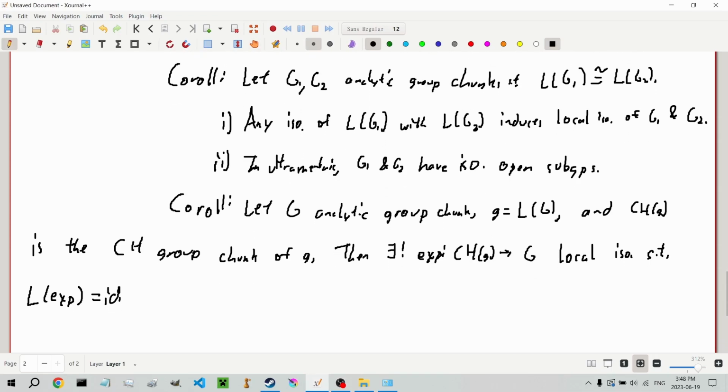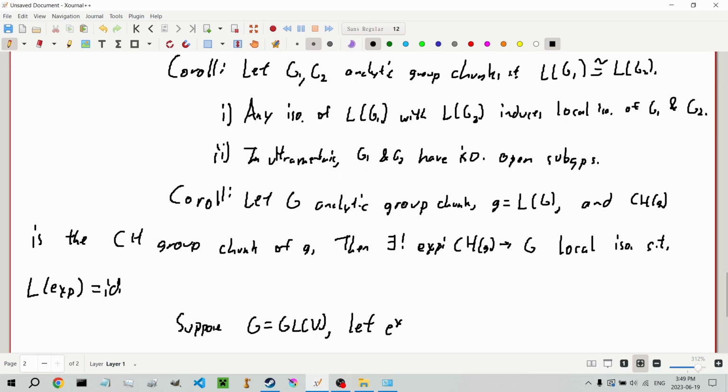Now let's make some remarks here. Suppose G is the general linear group of some vector space V over K, of course. And we're going to let e^x be our traditional sum of x^n over n factorial.